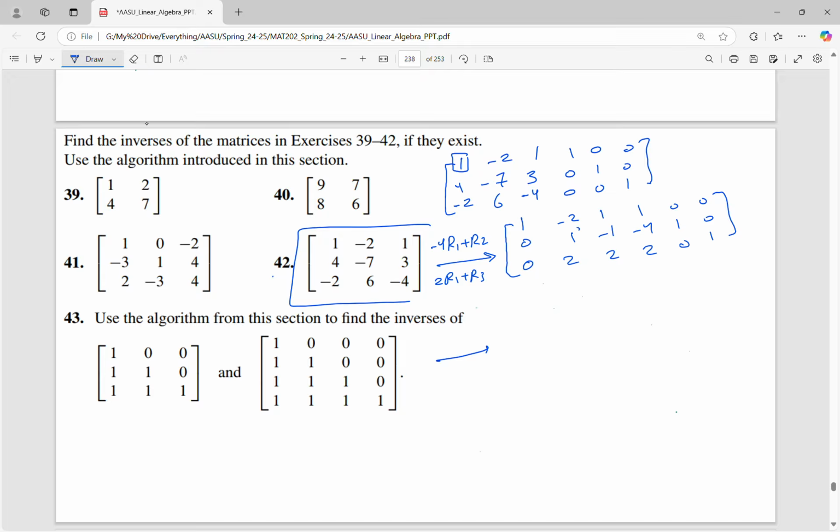After that, I have this one, so I want above it 0, below it 0. So 2R2 plus R1, minus 2R2 plus R3.